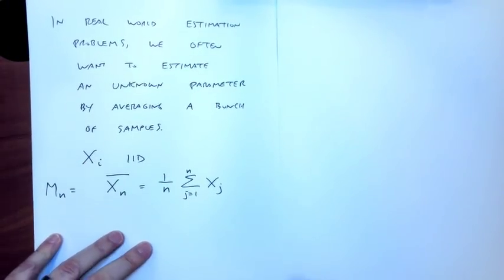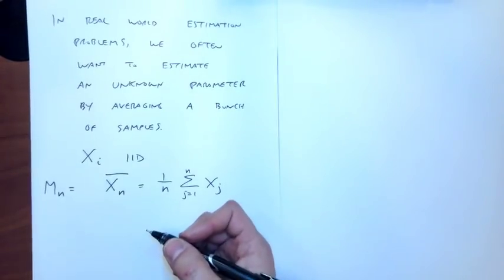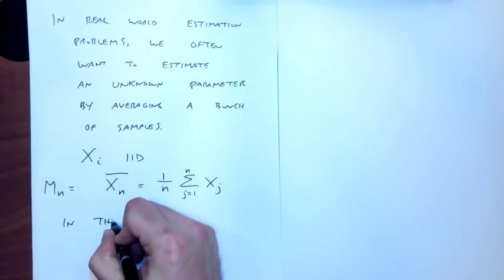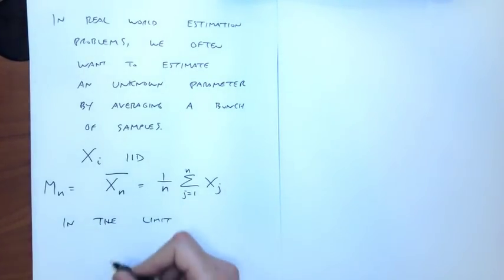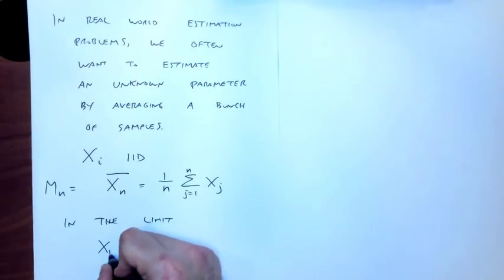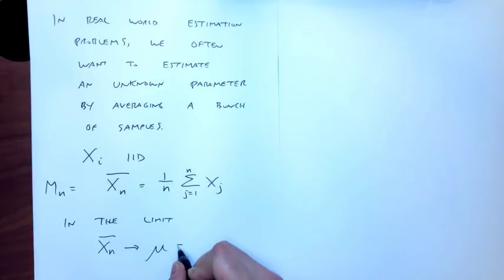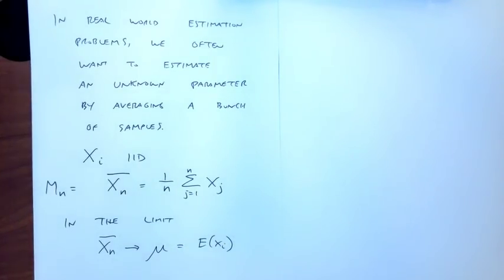Sometimes in statistics, you'll see this X bar instead of M, and it means the same thing, okay? So we know in the limit, by the various laws of large numbers, that this average eventually converges to the mean, right? It converges to the expected value of one of these guys, right?